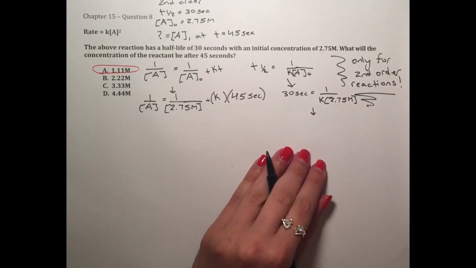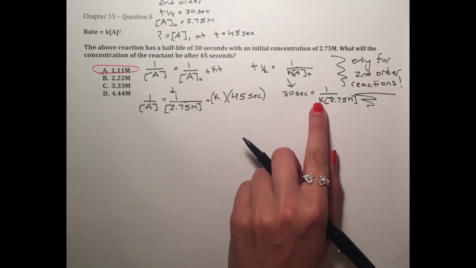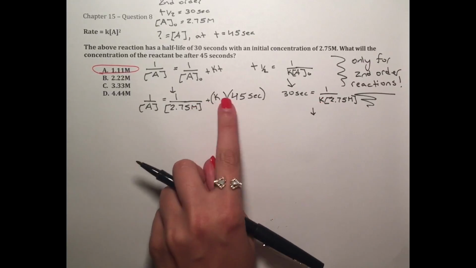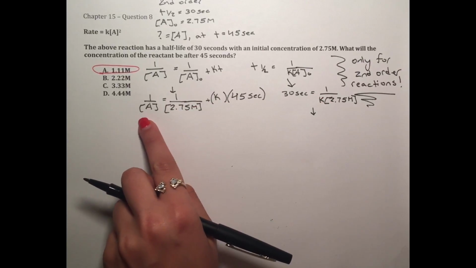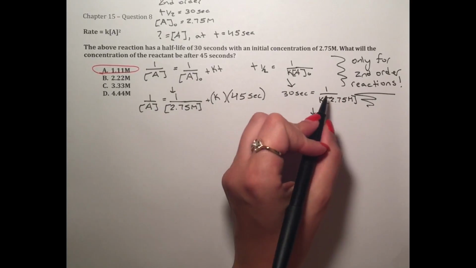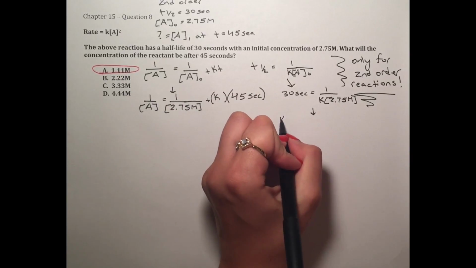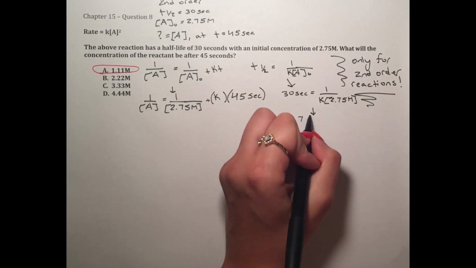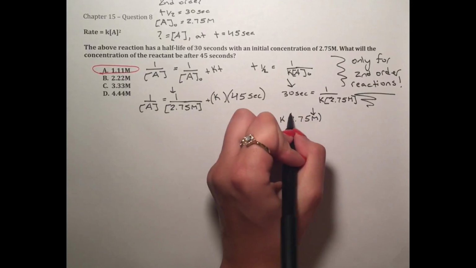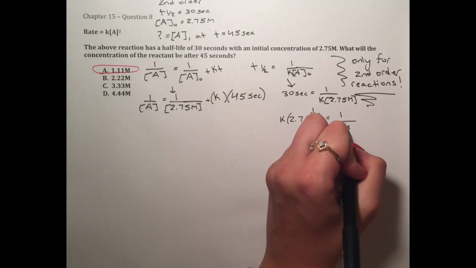All right, so we know off the bat that we can solve for this equation first, only because there's only one variable. In this equation, we have 2 variables, so we're not going to be able to solve this equation until we get K. So let's rearrange this equation to solve for K. We'll have K times 2.75 molar is equal to 1 over 30 seconds.